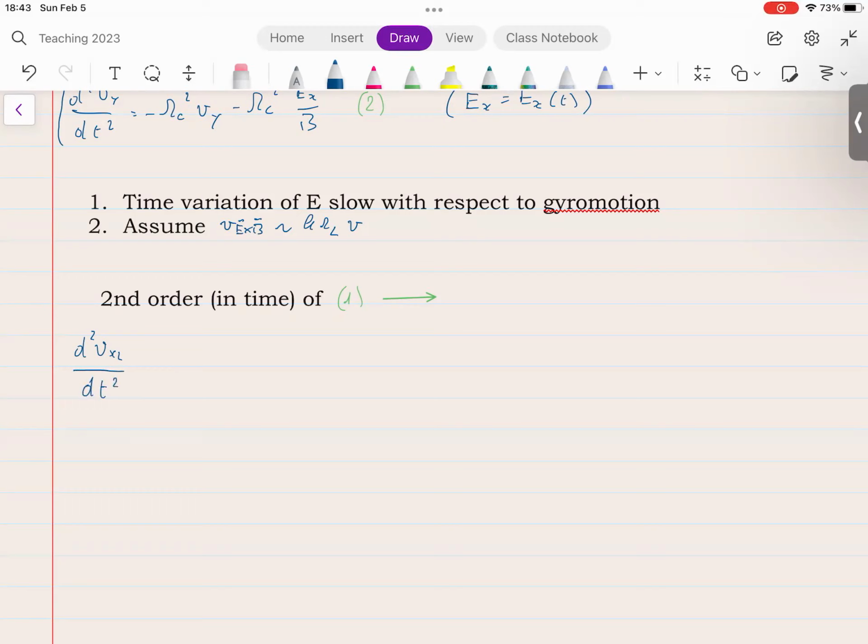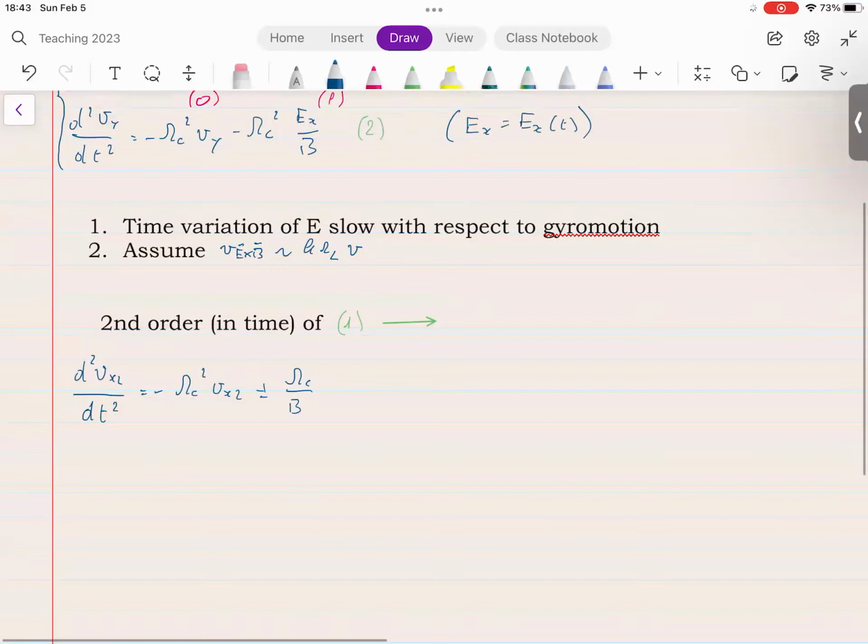Okay, second derivative of Vx2 with respect to time is equal to minus omega c squared Vx2 plus or minus omega c over B times dx dt. Did I copy it right?